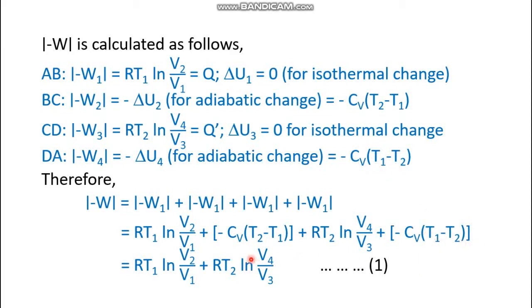So the second term and the fourth term are the same, so they cancel each other. Only the first term and third term are left, and this is equation number 1. So in equation number 1 we get modulus of minus W equal to RT1 ln V2 by V1 plus RT2 ln V4 by V3.